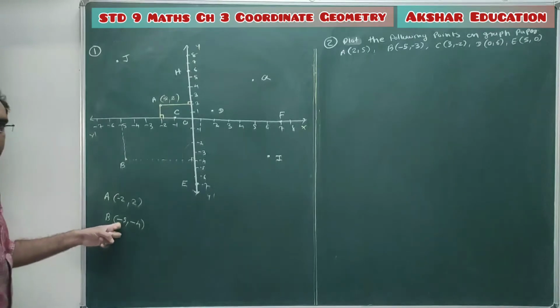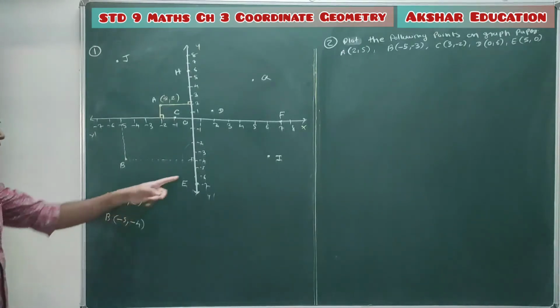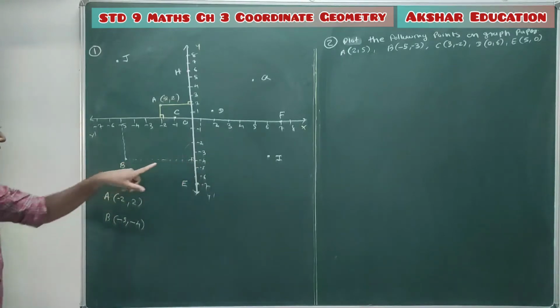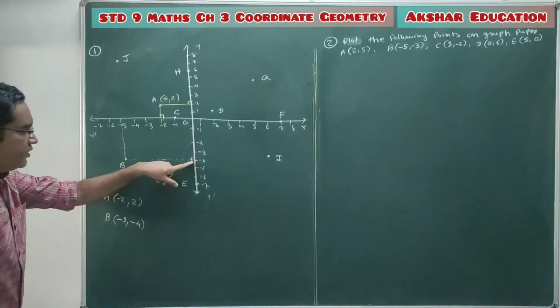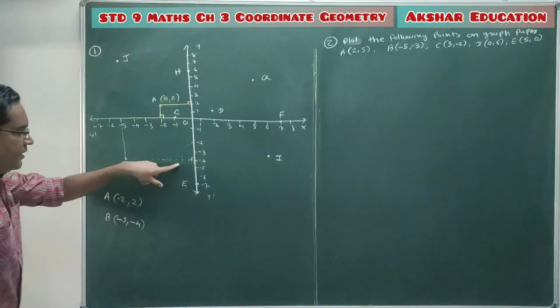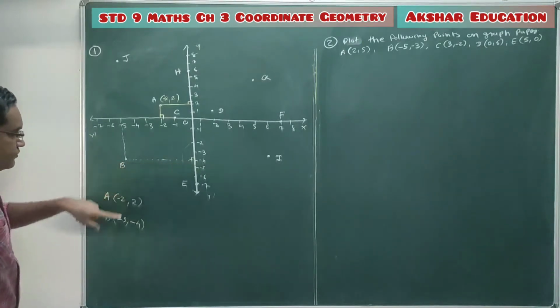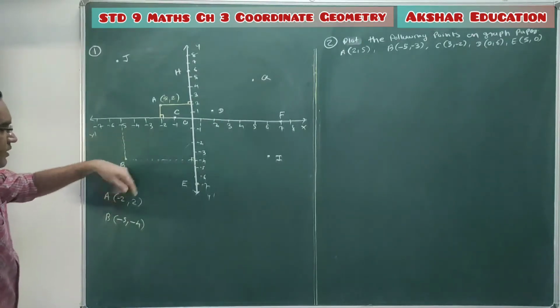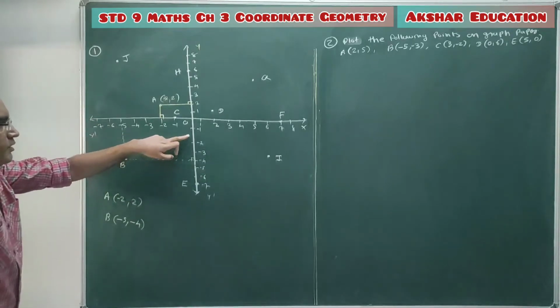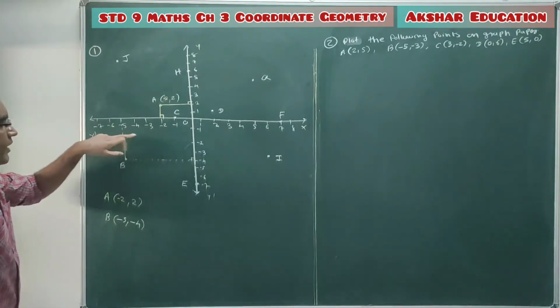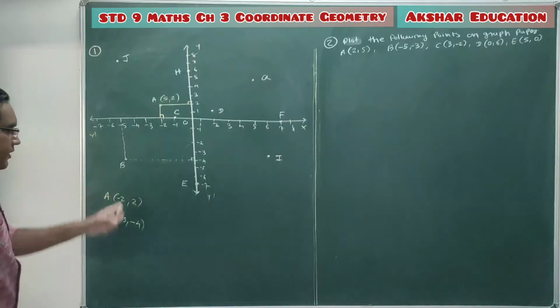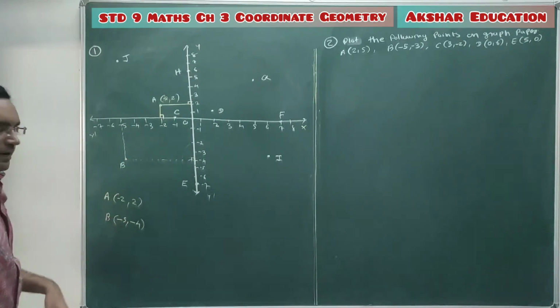So what is minus 5? X coordinate. What is x coordinate? Distance from y axis. So this is y axis. So distance of this point B from the y axis is this much, that is equal to minus 5 units. Minus means on the left direction from the origin. So 1, 2, 3, 4 and 5 units on the left direction from the origin is minus 5.